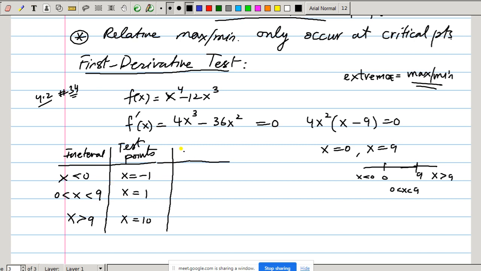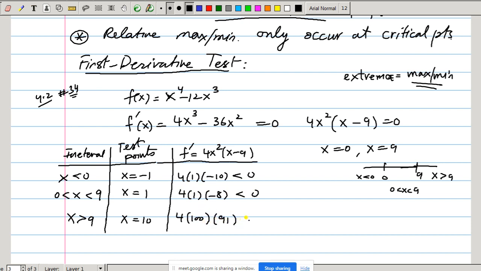Then f prime is 4x squared times x minus 9. If you put minus 1, it becomes 4 times 1 times minus 10, so this is negative. If you put 1, it is 4 times 1 times minus 8, again negative. Then for 10, it is 4 times 100 times 10 minus 9, which is 1, so this is positive.